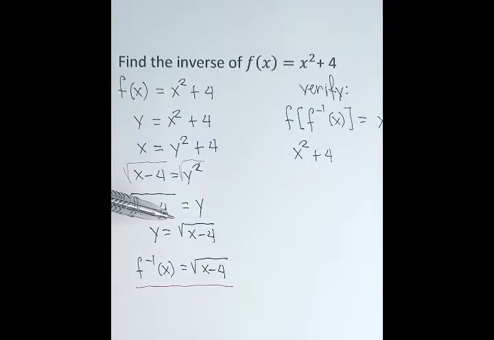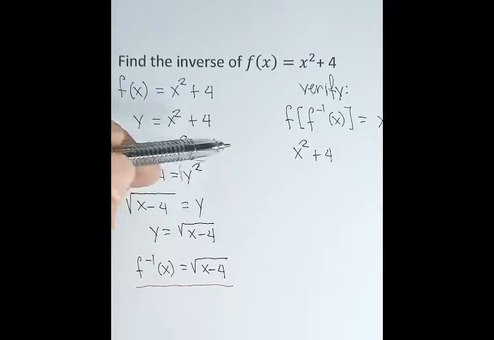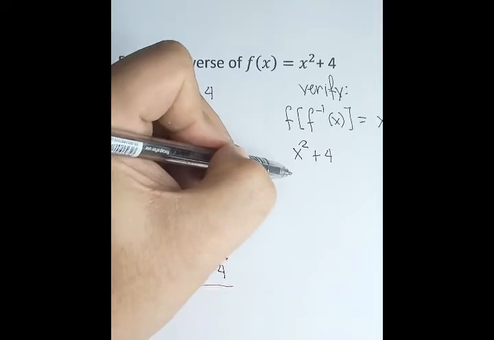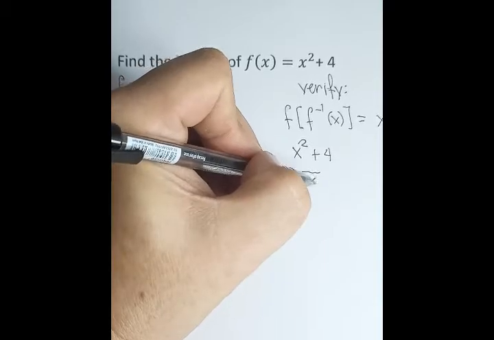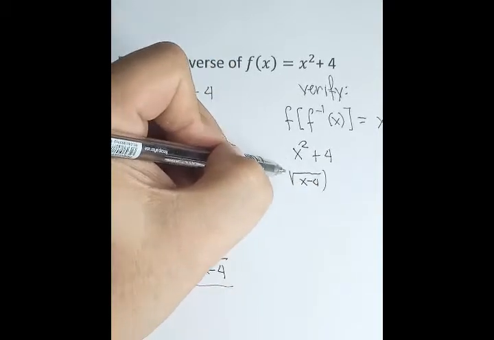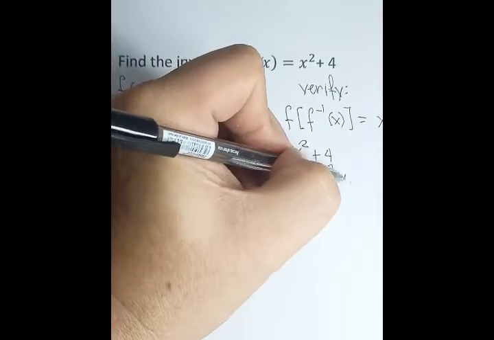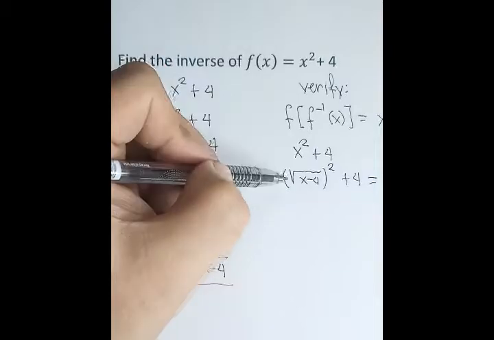Then atong i-substitute nato ang inverse niya. So instead of x, kaning inverse. So we have the square root of x minus 4. Then squared mo na siya because x is squared, so squared plus 4. Tanaw na nato kung equal ba ni siya og x.